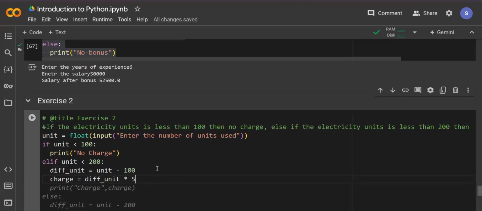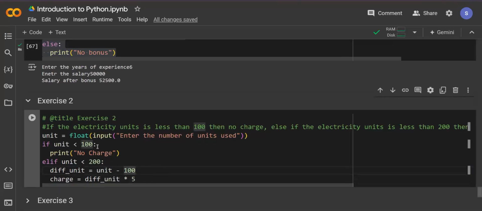Now, let's take the example as 101. If I enter the number of units as 101, you can see that if the unit is less than 100, it is no charge. Obviously my unit is 101, so it will not be in this condition. It will come to the elif condition. If the unit is less than 200, which is my case, then it will go to difference unit.